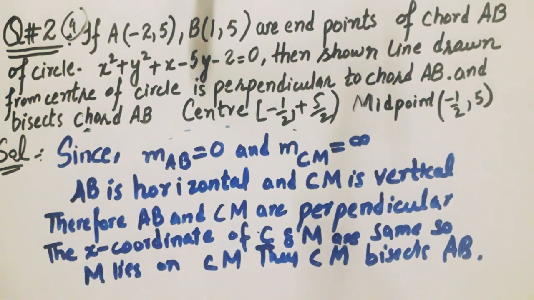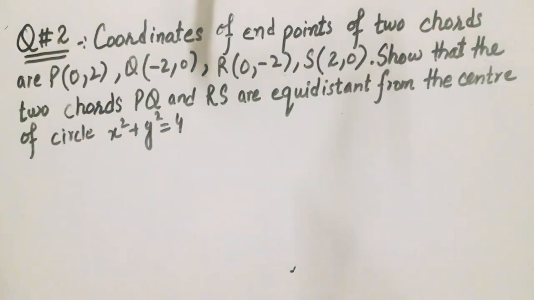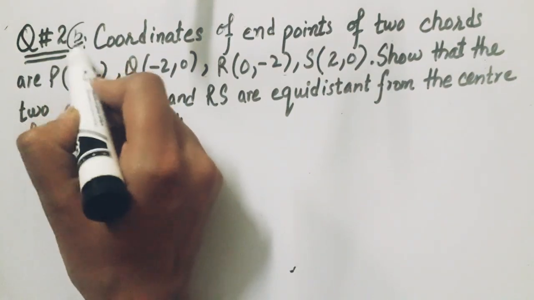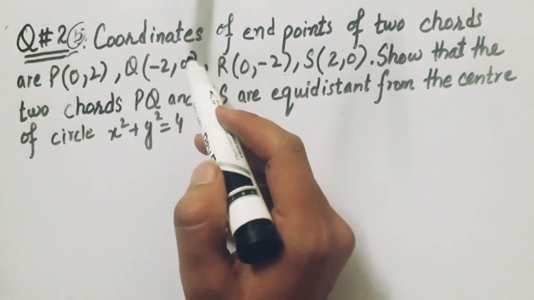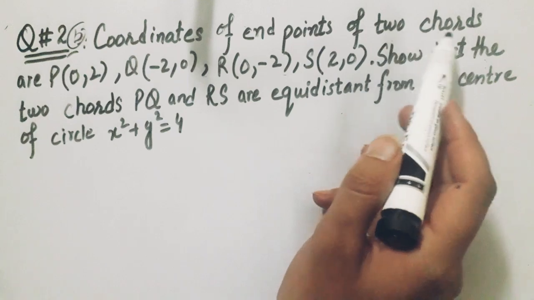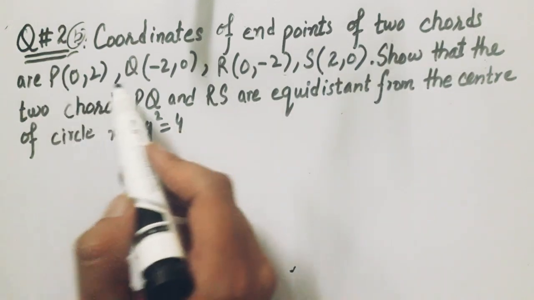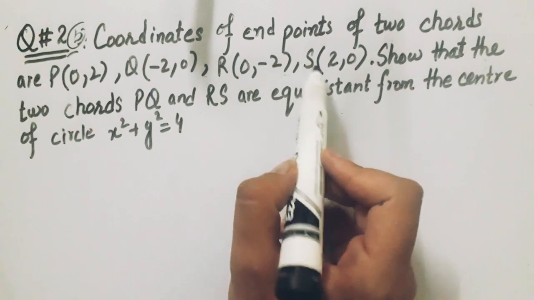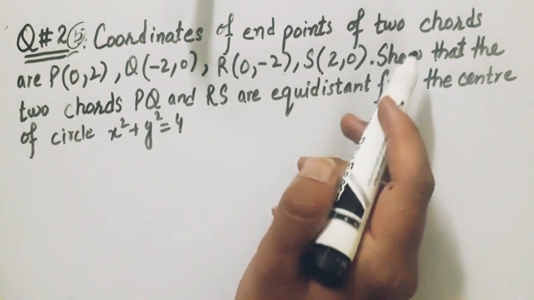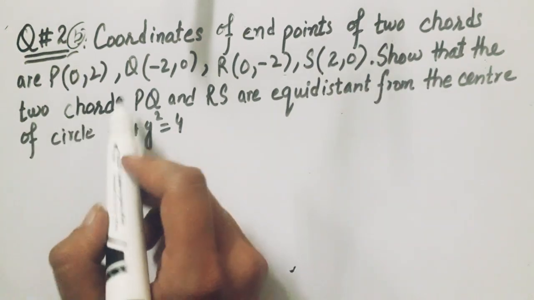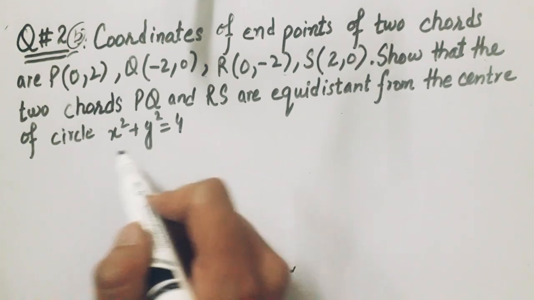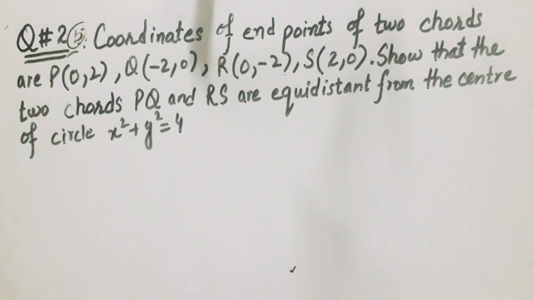Now we will solve question number 2B part. Now question number 2B part is the coordinates of endpoints of two chords PQ, RS. Show that the two chords are equidistant from the center of the circle, that is x square plus y square is equal to 4.